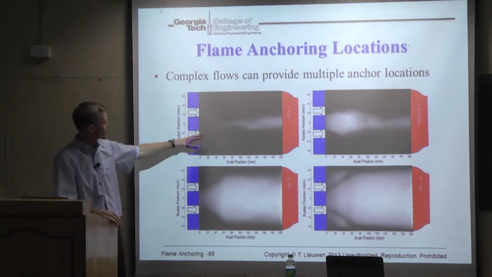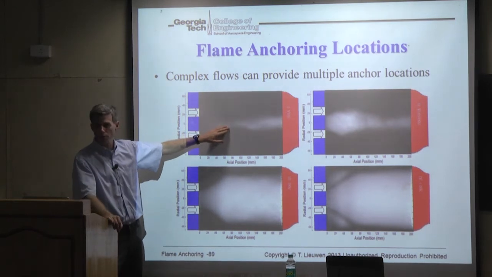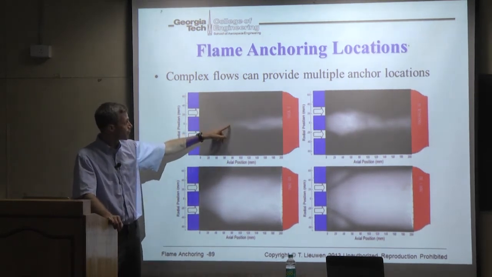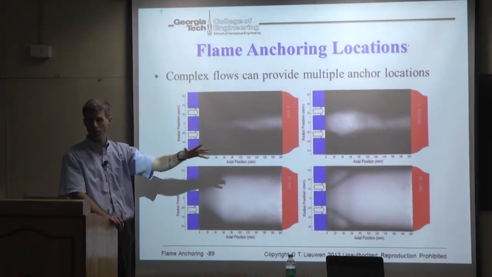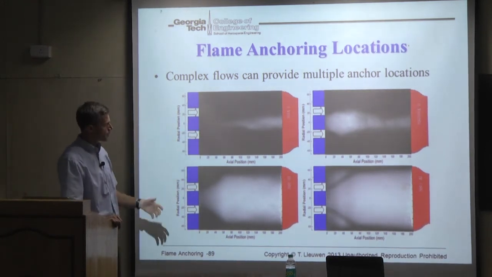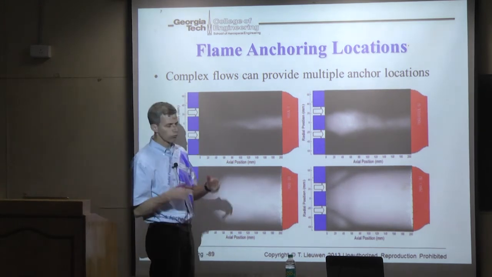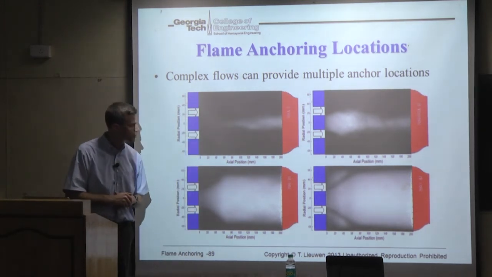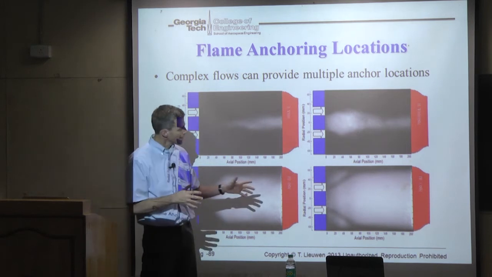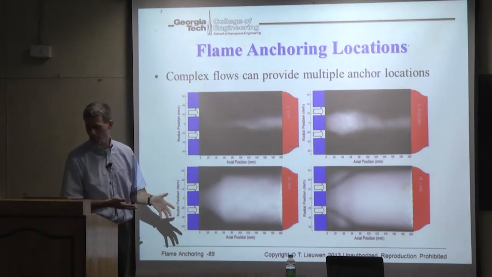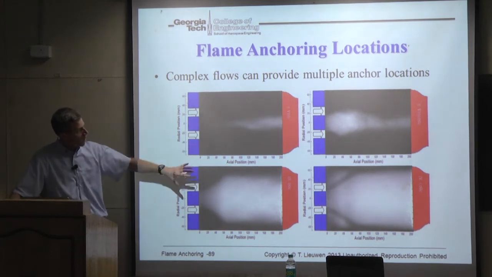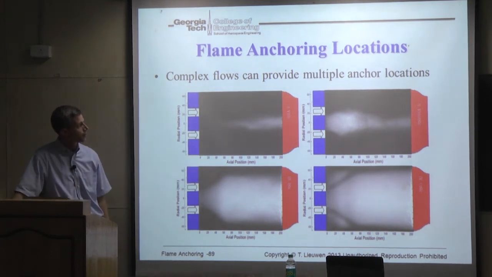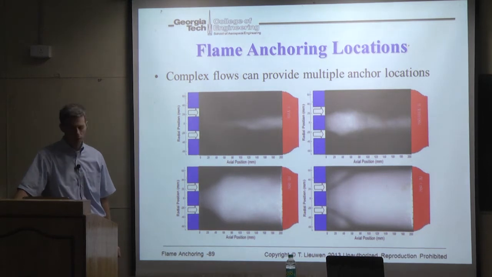By the way, if I were to drop the equivalence ratio still further, and the flame couldn't stabilize aerodynamically, then it would leave altogether, and that would be blow-off. The flame is gone. But you can see there's this problem of local blow-off, in quotes, where the flame can't sit in one region, but if there are other regions where it can sit, it will just change its shape. So these are different topological configurations of the flame position, based upon where that flame can stabilize.